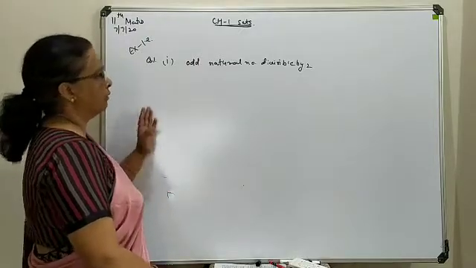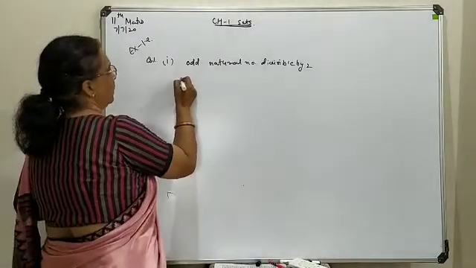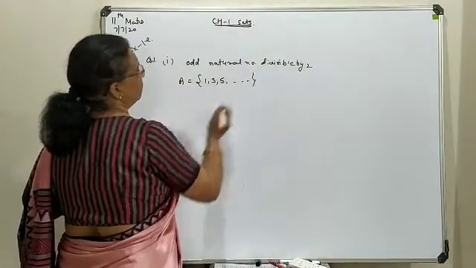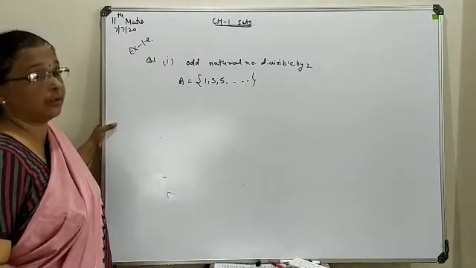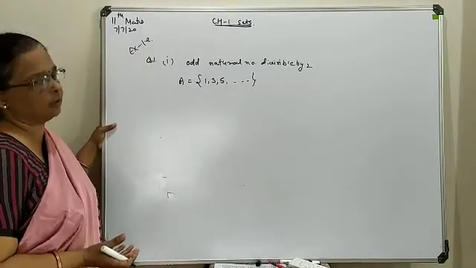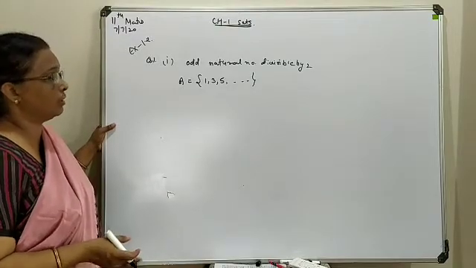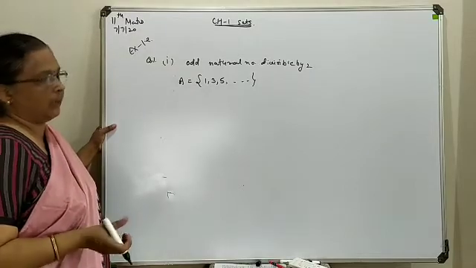So if you write odd natural numbers, that means this set will contain elements like 1, 3, 5, and so on up to infinity. And you also have to consider the divisibility by 2. For any odd number, it is not possible to have divisibility by 2. So in this situation, it is not possible to define a set containing any element.